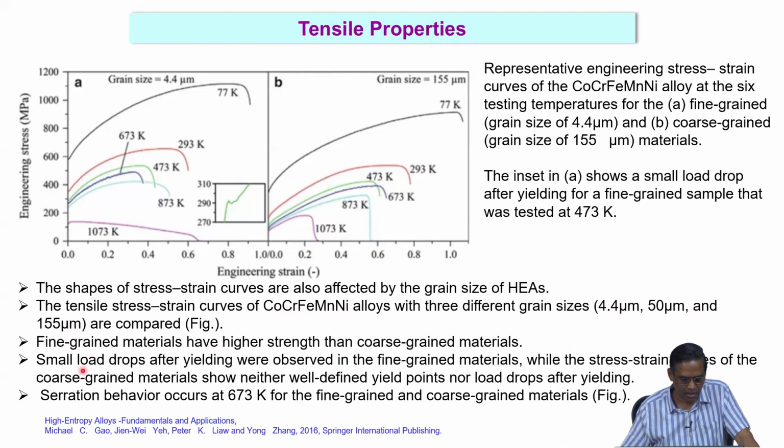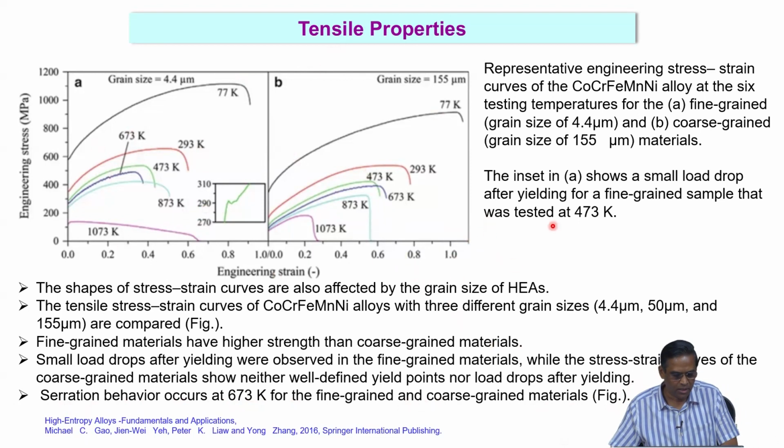Fine grained materials have higher strength than the coarse grained material, which is well known. Small load drops after yielding were observed in the fine grained materials, while the stress strain curves of the coarse grained material show neither well defined yield points nor load drops after yielding. Also, serration behavior occurs at 673 Kelvin for both fine grained and coarse grained material. This is well known.